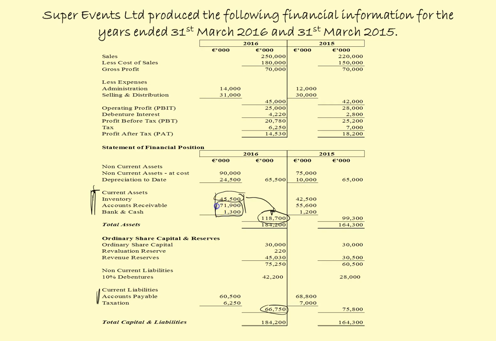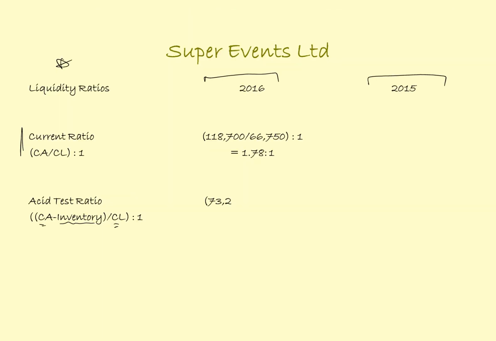In this case, it's easier just to add these two together. That won't always be the case, but that would give us 73,200. So that's my current assets minus my inventory. So back here, 73,200 divided by the 66,700, so the current liabilities haven't changed, and that will give me a proportion of 1.1 to 1.